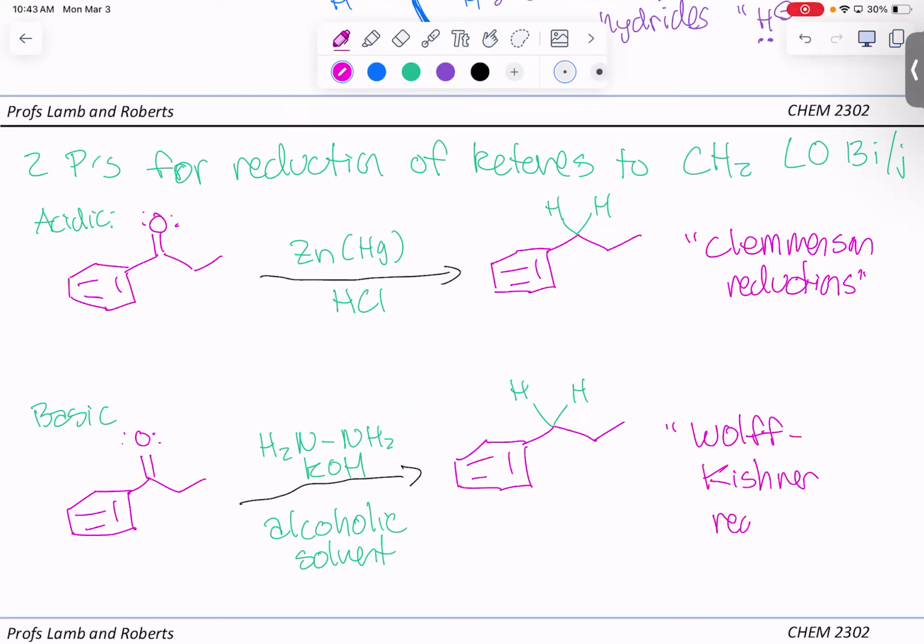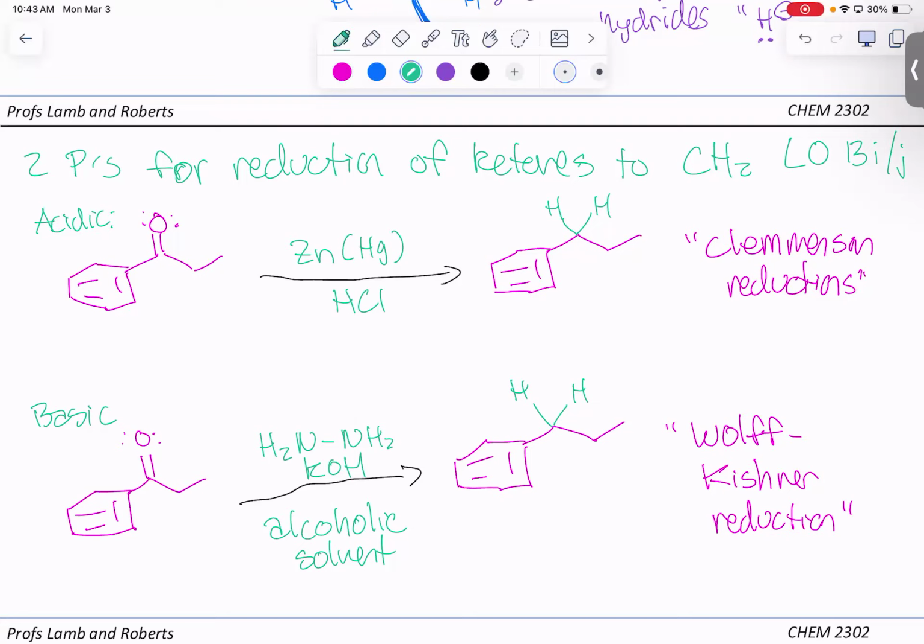So we learned both these. Again, doesn't matter if we made this through EAS or some other way. As long as we have this ketone here, we can reduce it down. Those are the aldehyde and ketone reactions that we've already learned. So a little bit of a recall lecture for you. The next learning objective should be that as well.